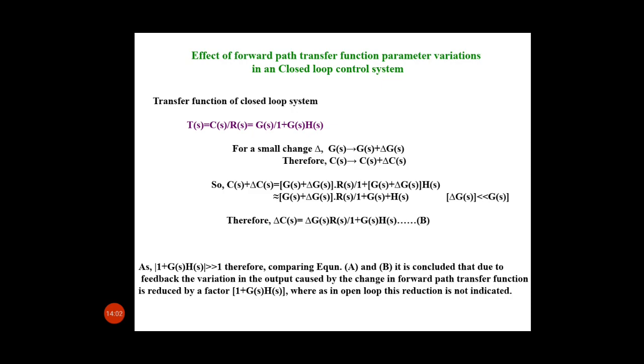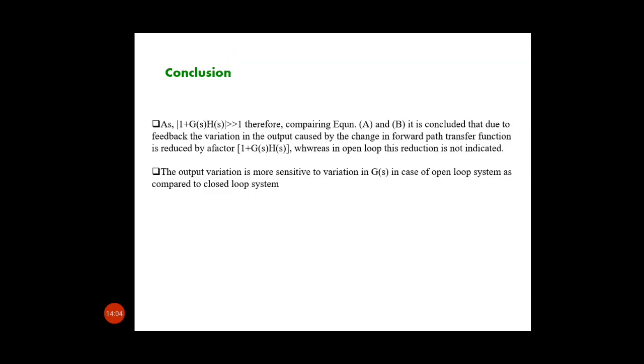Thus, the output variation is more sensitive to variation in G(s) in the case of an open loop system as compared to a closed loop system.